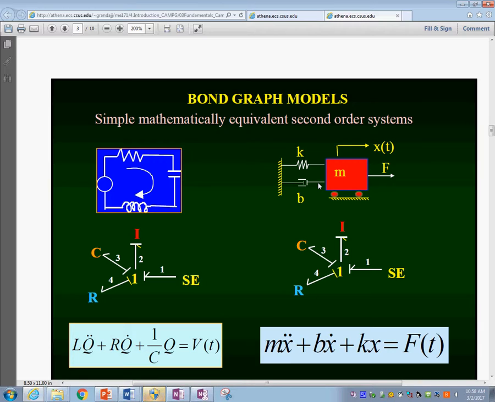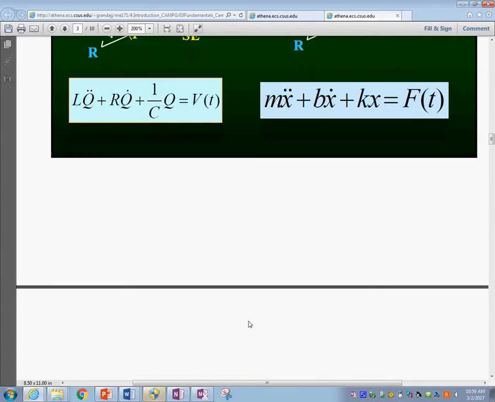So it happens that the way they are connected and the elements that it has coincide, and therefore the bond graph models look the same, but the units and the meaning of each one of the variables is different. However, it illustrates the idea that when using bond graphs, you could represent systems in many energy domains: electrical, mechanical, hydraulic, thermal systems.